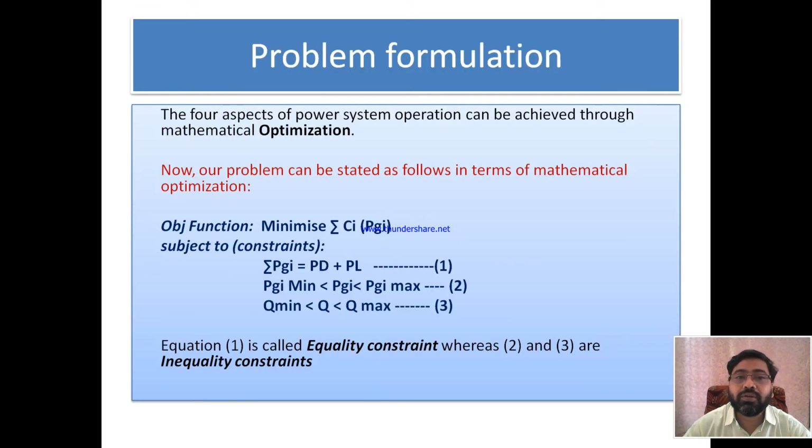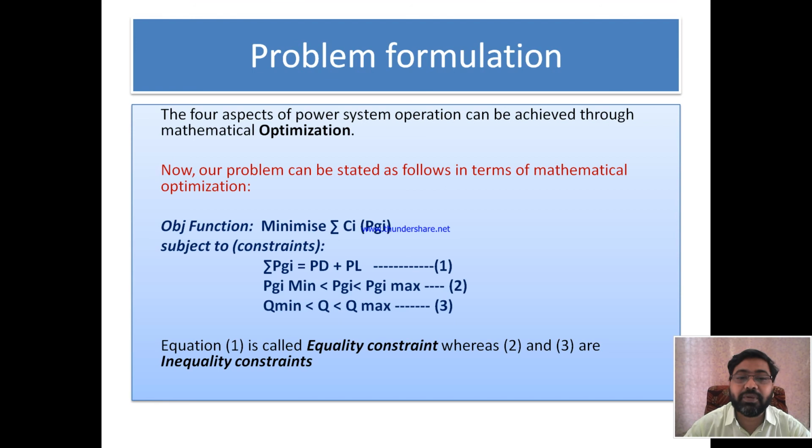So now, once we know all these optimization elements, we go for problem formulation. We formulate the problem in terms of mathematical optimization as follows. The objective function is to minimize the summation of Ci of PGi, subject to the constraints: summation of PGi is equal to PD plus PL, the supply demand balance.